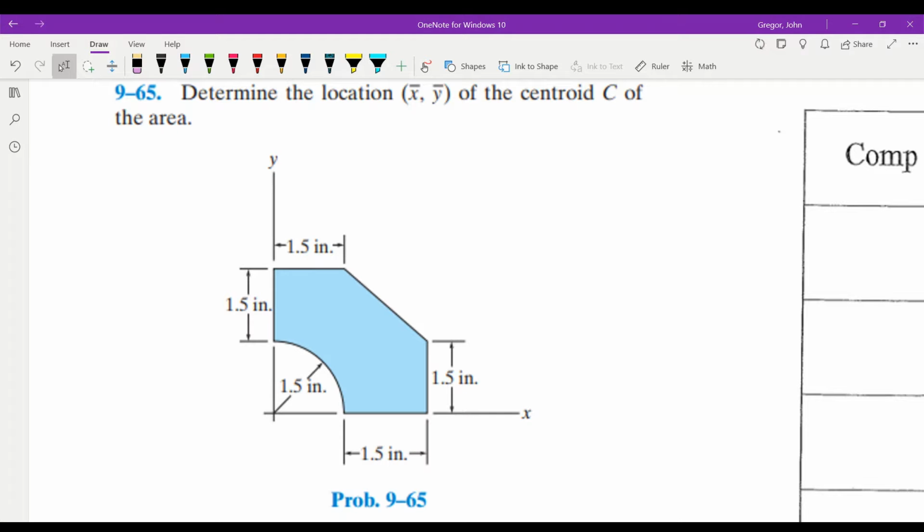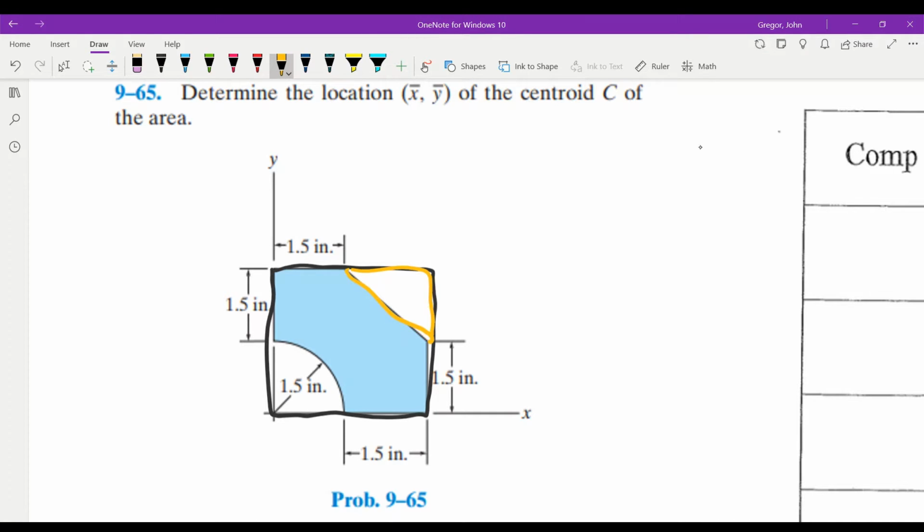You don't know what kind of components you can see, but what you can do is imagine that this is just one big square. And now it looks like it just has a cutout here of a triangle.